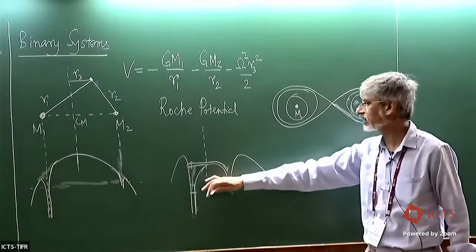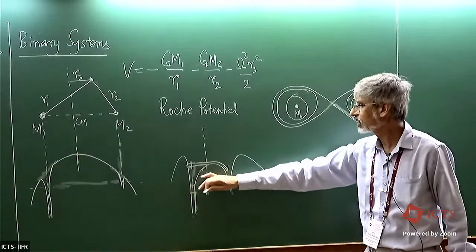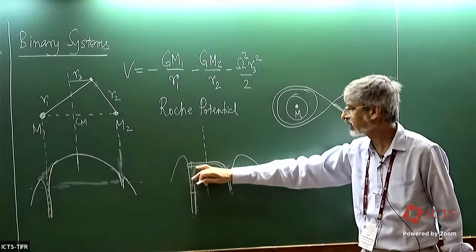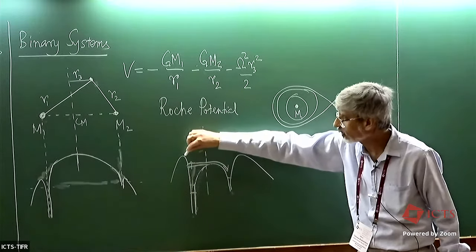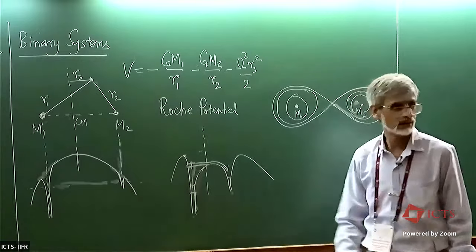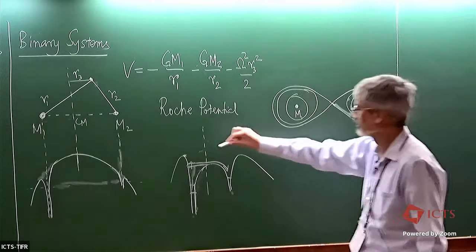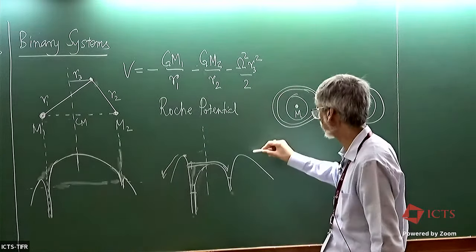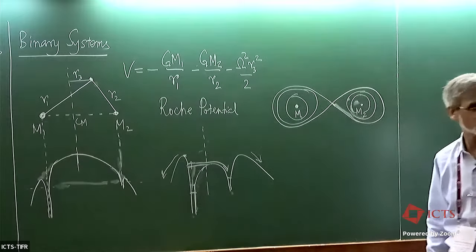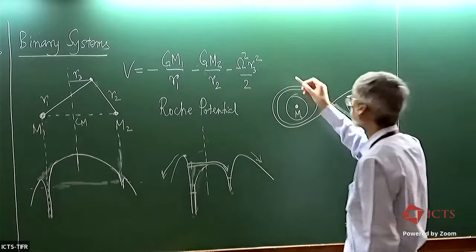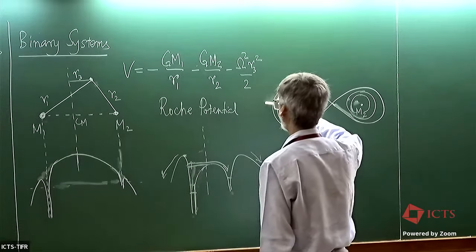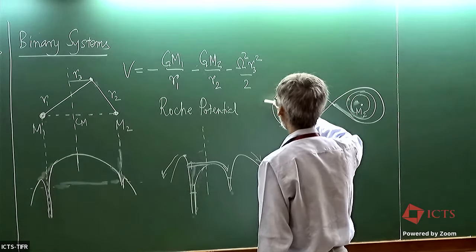You'll notice another thing. Suppose the star expanded and expanded beyond this point, then the material is actually going to leave the system. You have an outflow here or an outflow there. So equipotentials for those, one can draw as well.